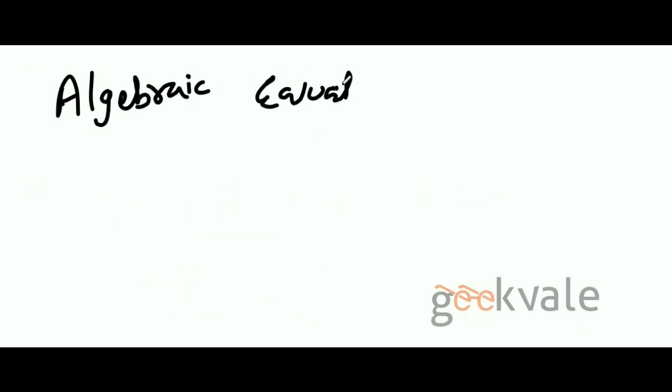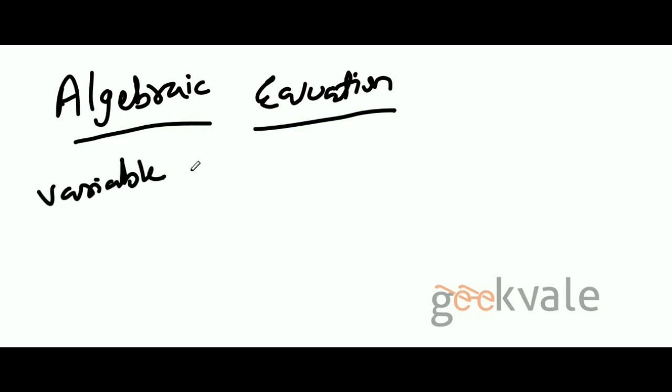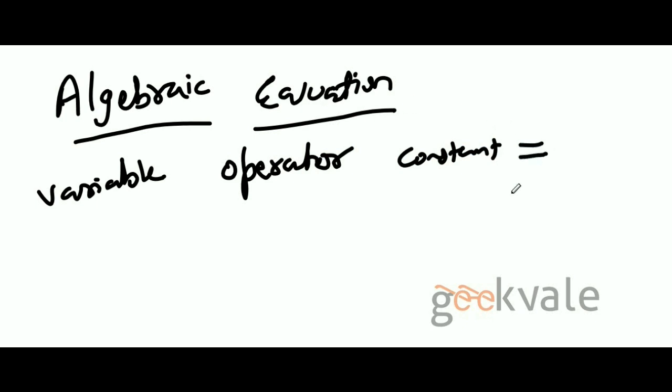Now, one might ask, what is the difference between the algebraic expression and algebraic equation? An algebraic expression has a variable, an operator, and a constant. But the algebraic equation also has an equality sign, or in other words, it has equality, and it equals something.